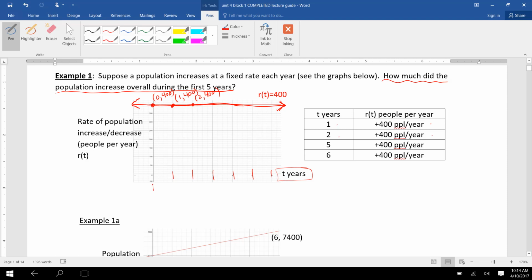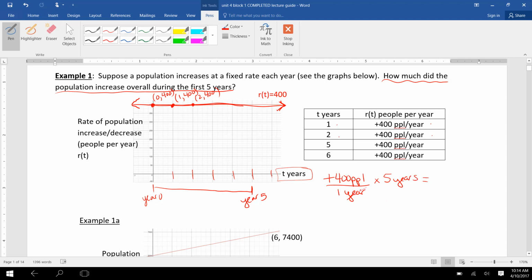So from year 0 up to year 5, how much did the population go up or how much did the population go down? First, let's just think about this logically. If I told you that a population was increasing by 400 people per 1 year for a total of 5 years, you would take 400 people per year times 5 years, and you would multiply.